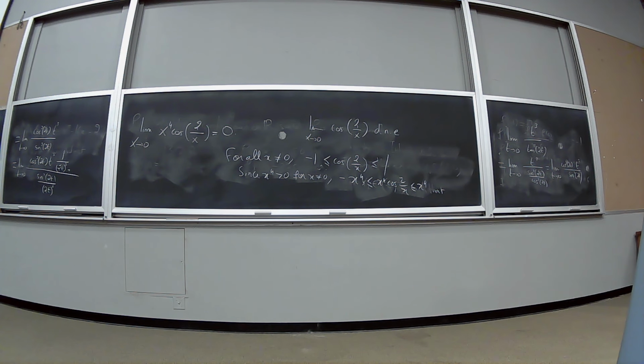If you have an odd power, just go to x to 0 plus and x to 0 minus, each on their own. I've answered this before. So if you have x sine of 1 over x, do the same thing. If x goes to 0 plus, you get 0. And if x goes to 0 minus, x is negative, so you do the same thing, but you reverse the inequality, and you get 0. Okay?